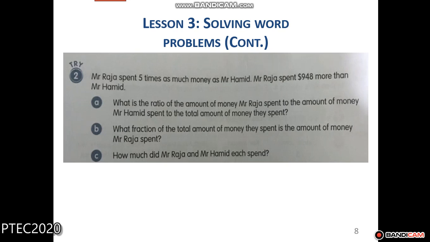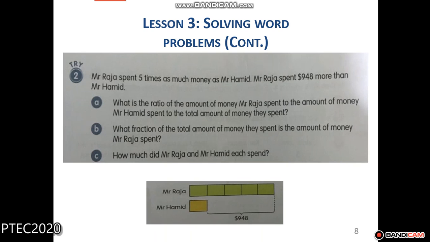Okay, so let's see the model altogether. If you look here, Mr. Raja spent 5 times as much as Mr. Hamid. The meaning here is that when Mr. Raja spent 5 times or 5 units, then Mr. Hamid spent only 1 unit. That is the meaning when we say Mr. Raja spent 5 times as much money as Mr. Hamid.